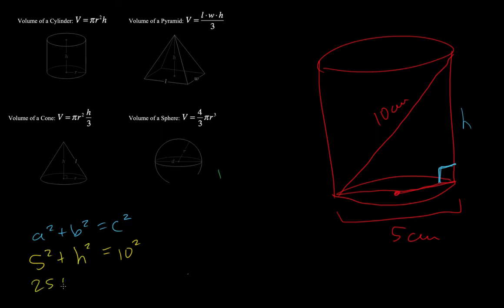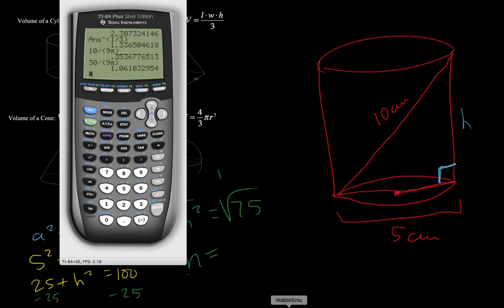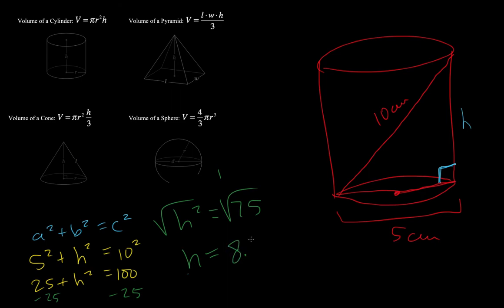So it's going to be 25 plus h squared equals 100. I'm going to subtract 25. So h squared is going to be equal to 75. We square root. Since it's a height, we don't need to do plus or minus. Height is the square root of 75, which we can do 75 raised to the 0.5, and that is 8.66.